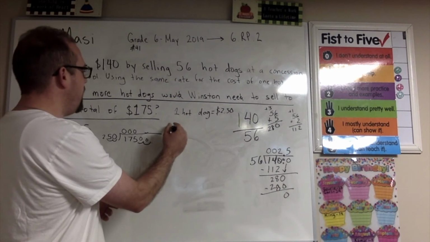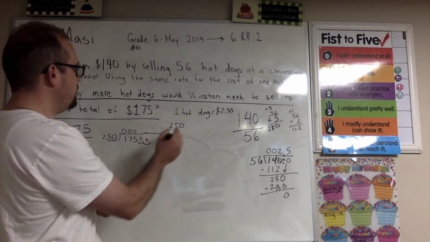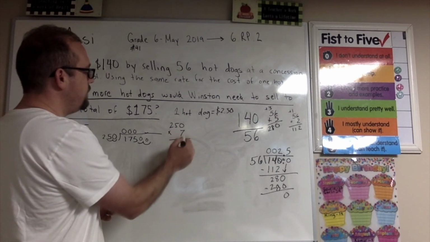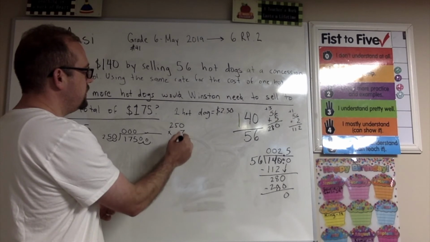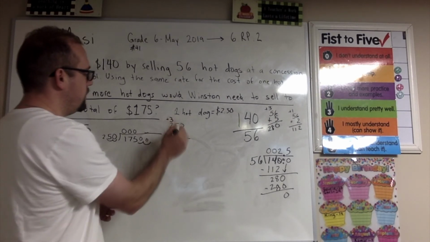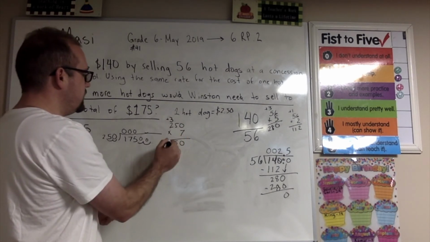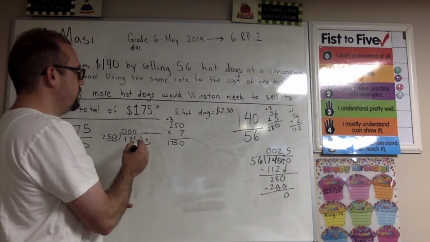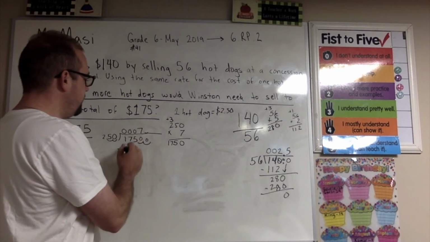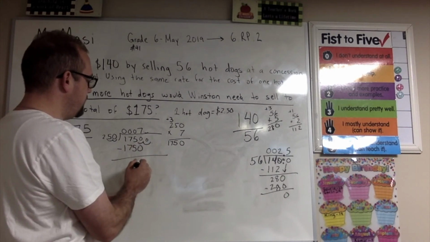So let's try 250 times, let's try 7. 7 times 0 is 0. 7 times 5 is 35. Let's see, 7 times 2 is 14. Plus 3 is 17. So that's a 7. 1750 minus 1750. That's beautiful because that brings me down to 0.